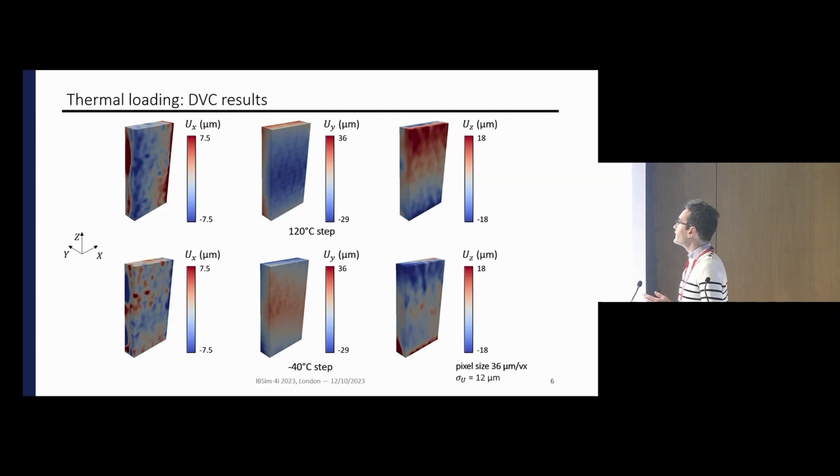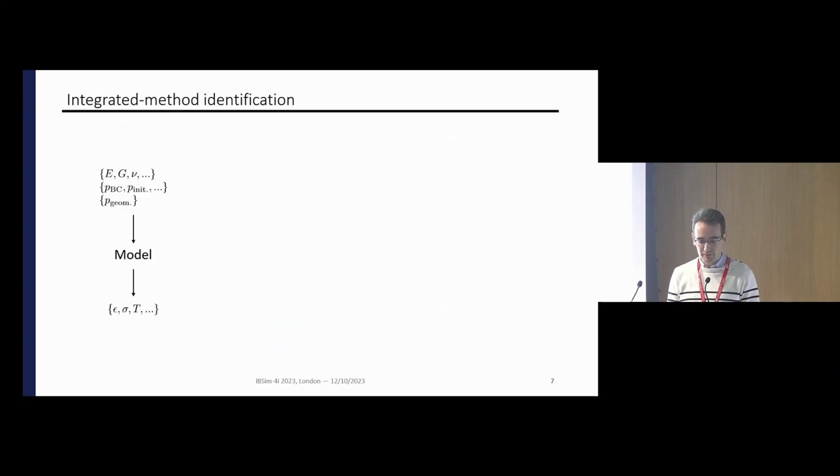And these results are quite difficult to use as they are, so that's why we choose to use an identification method that is called integrated method, meaning that we directly identify the model parameters without computing the displacement field directly from the raw experimental data.